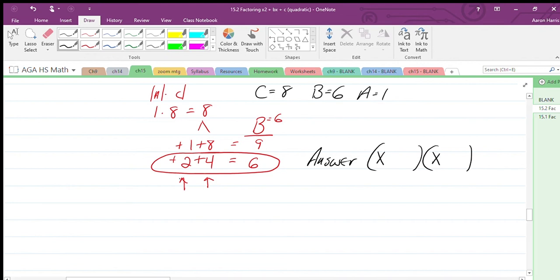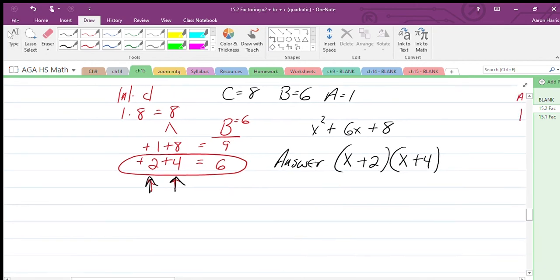And then I just use my factors that I found. Plus 2 goes here, and plus 4 goes there. And that's your answer. That's how simple that is. So x squared plus 6x plus 8 in factored form is x plus 2 times x plus 4. Okay? So remember, that was scenario 1.